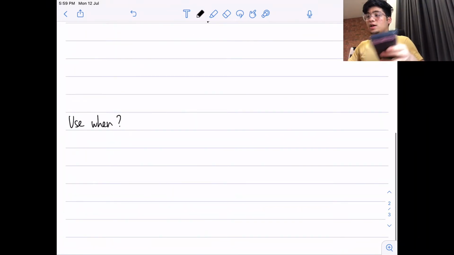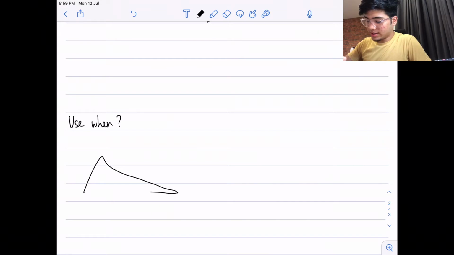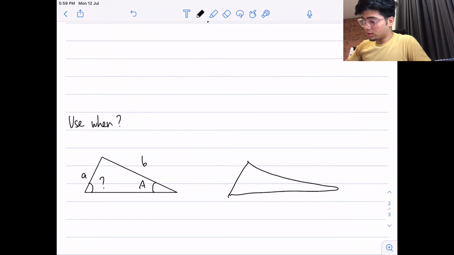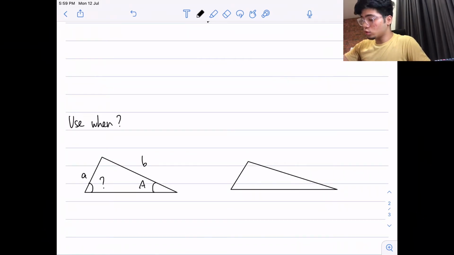But basically, I'll just be repeating the situations that you should use sine rule. Let's say they give you a triangle, and then they give you one angle and two sides, and then they ask you for this other angle. Or let's say another triangle, they give you two angles and only one side.